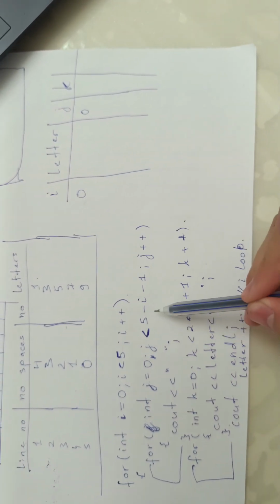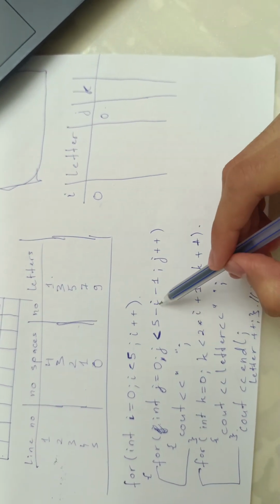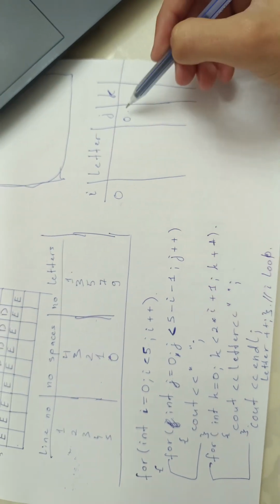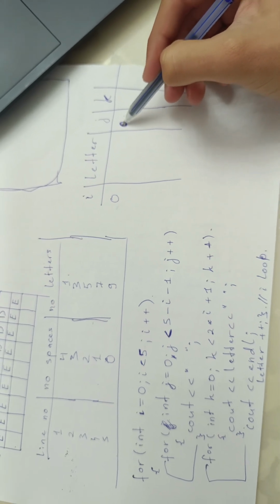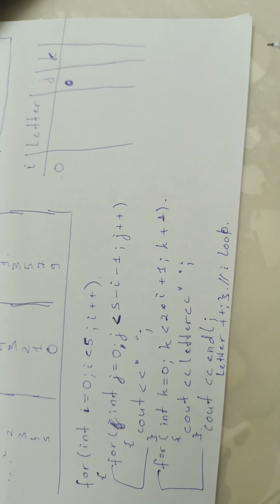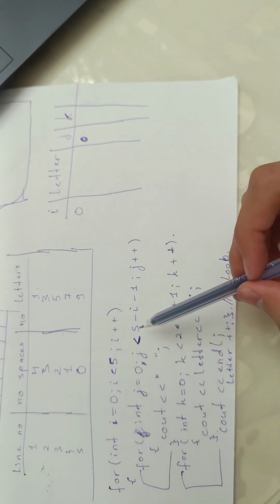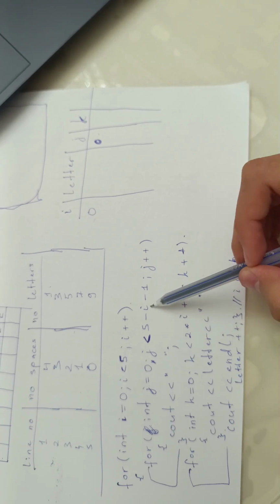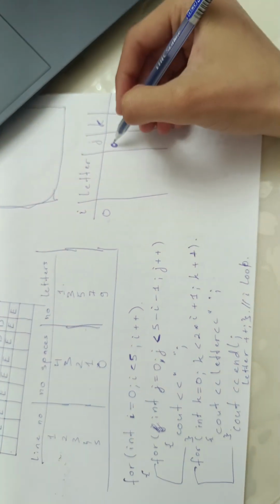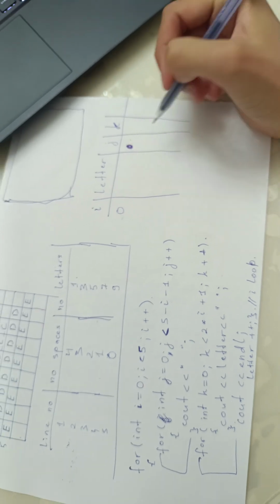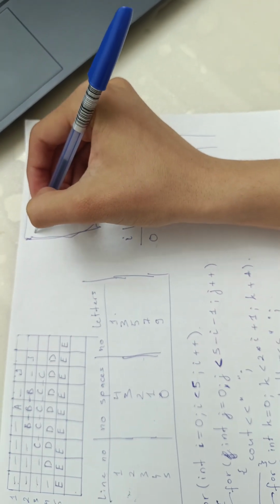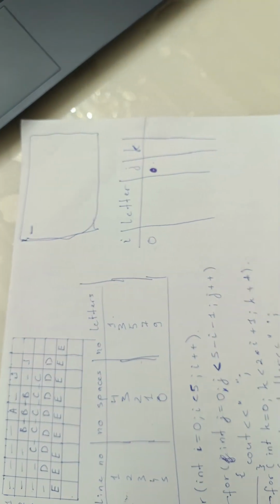Then j is less than 5 minus i minus 1. Oh sorry, j is 0. 0 is less than 5 minus i. i was 0, 5 minus 0 is 5, and minus 1, 4. That means there will be output of one space.